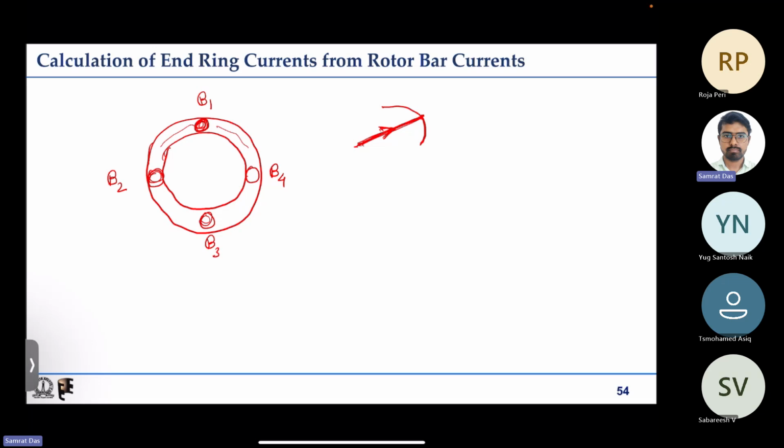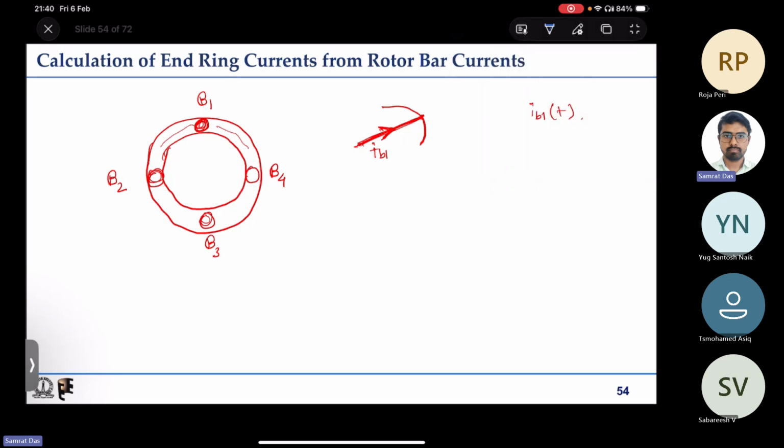So say if it is bar 1, IB1 is flowing through this bar, and you know what IB1 is as a function of time. That you have information because you have induced EMF as a function of time. If you simply divide it by the bar resistance, you also have that same bar current as a function of time.